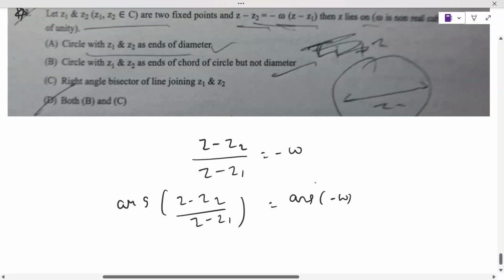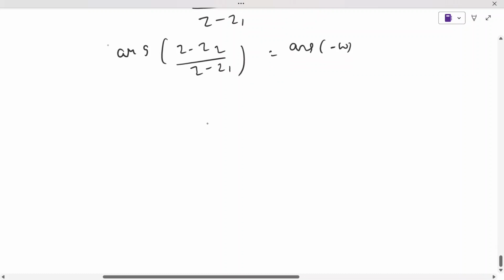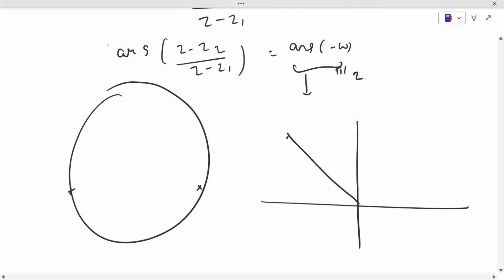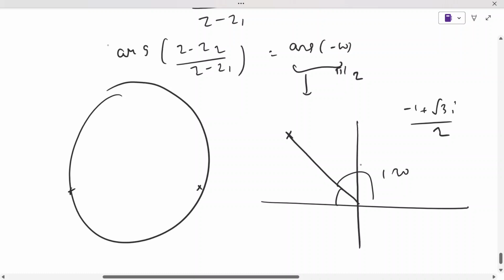It means we have a circle out there. If this is pi by 2, then it will be a circle, right? But it's not pi by 2. Simply we have taken 2 points on the circle. And the angle for argument of minus W is what? W is minus 1 plus root 3 i by 2. So that angle is like 60. That angle is 120.